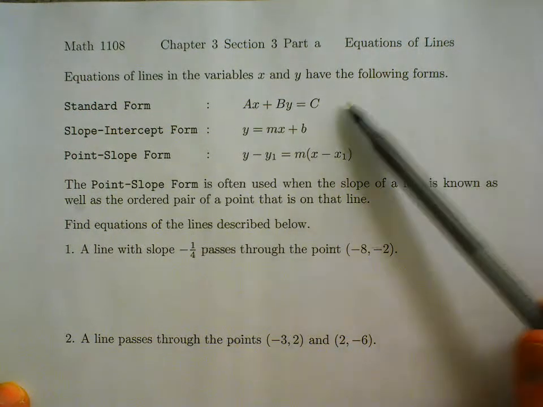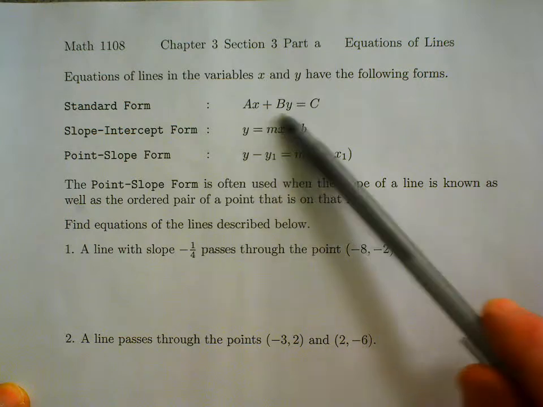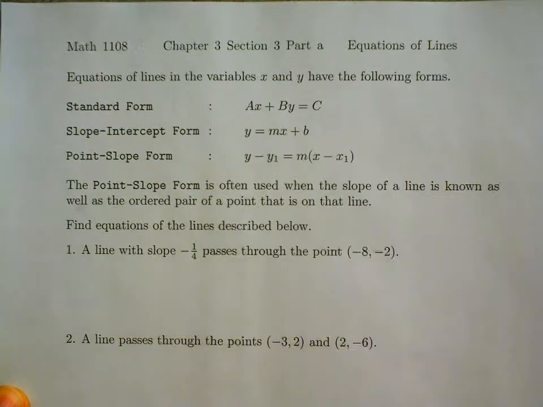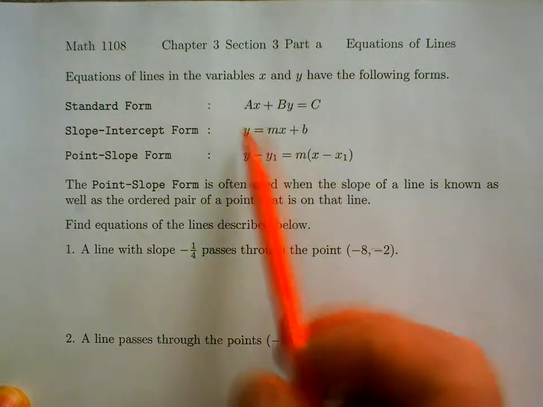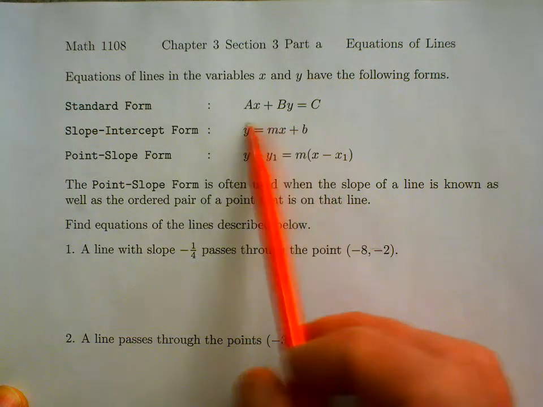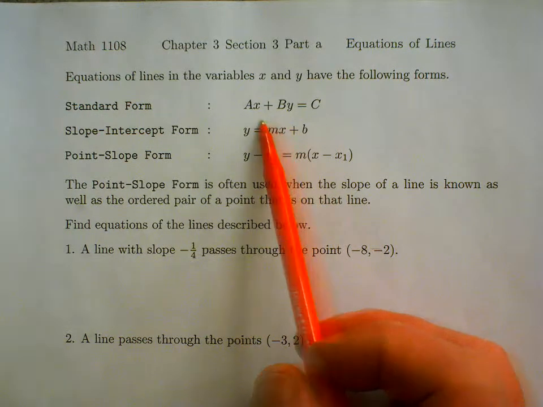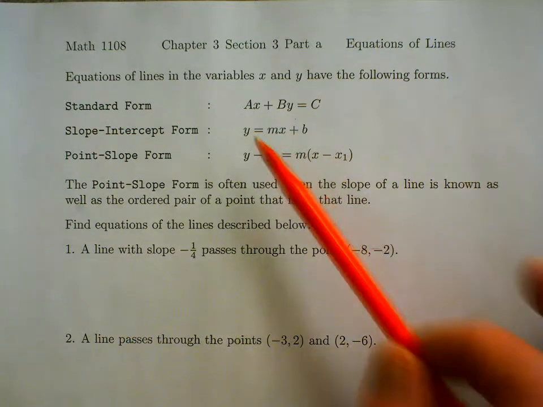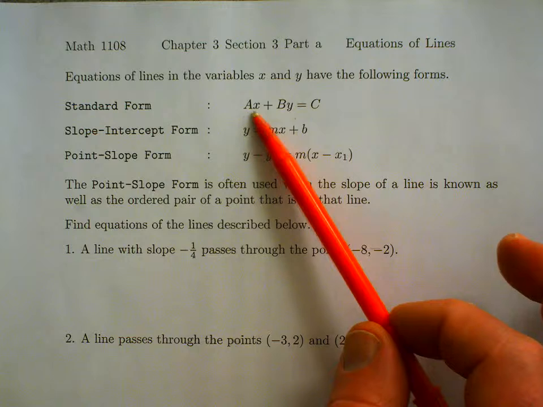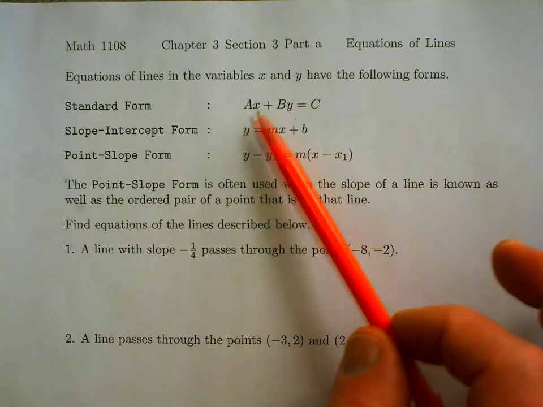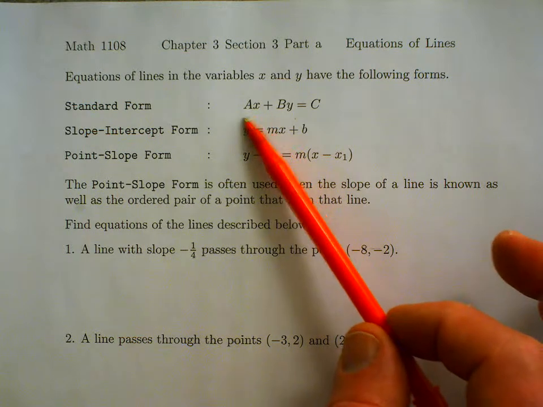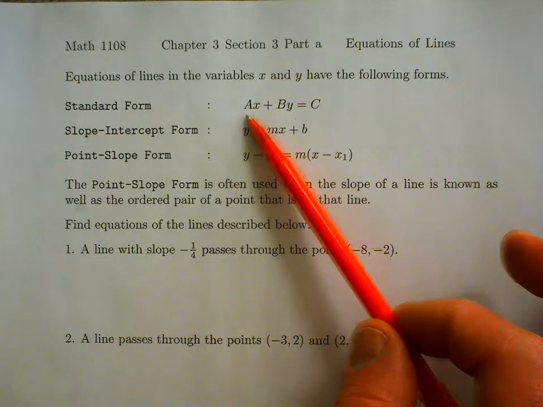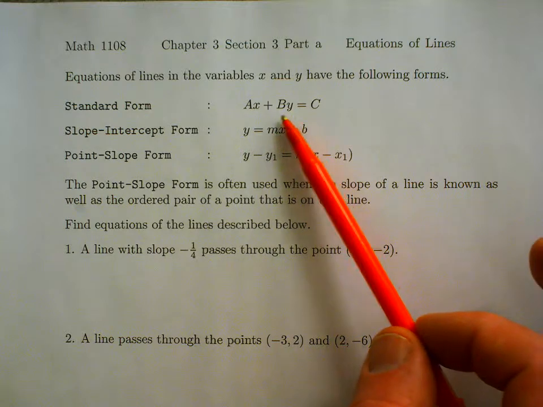We've seen the standard form, ax plus by equals c, where a, b, and c represent constant real numbers. X and y are the variables. And remember that in the standard form, a could be 0, but if a is 0, b cannot be 0, and vice versa.